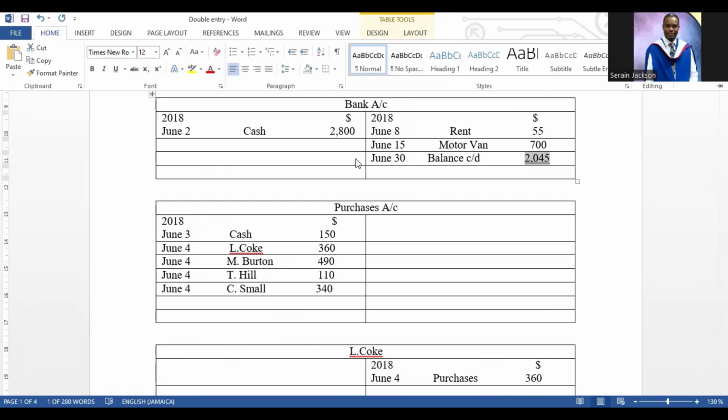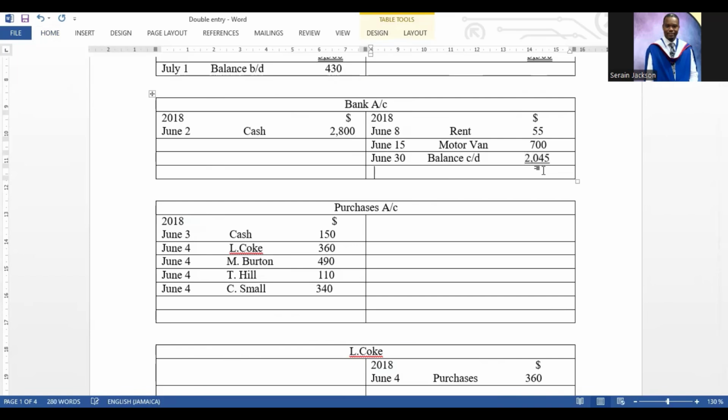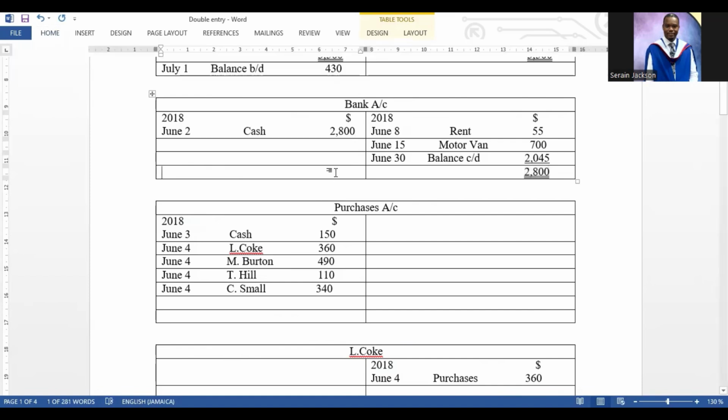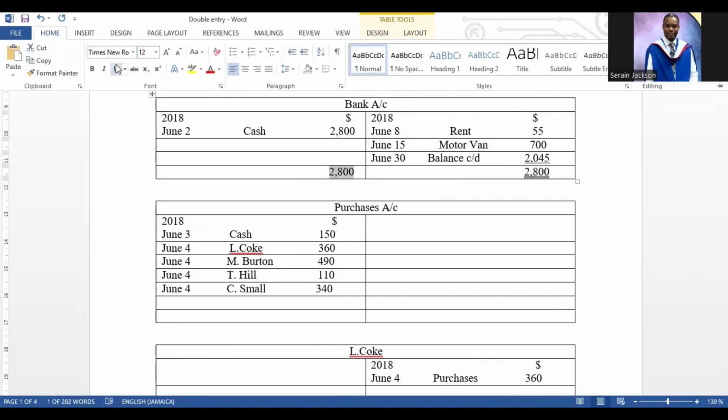We are going to total both sides. Both sides are now going to equal 2,800. So put in the figure there, 2,800. And you go out of your way to ensure that both figures are in line.